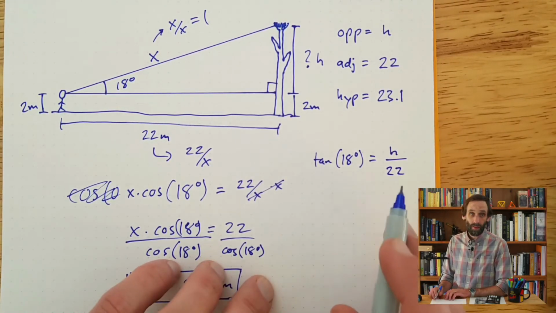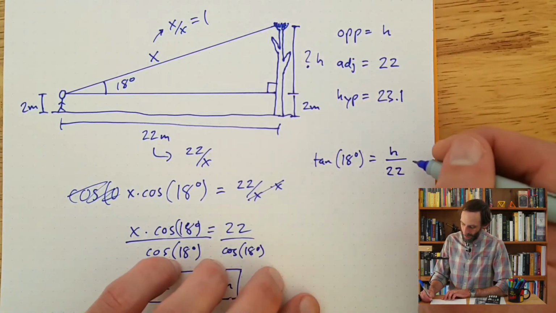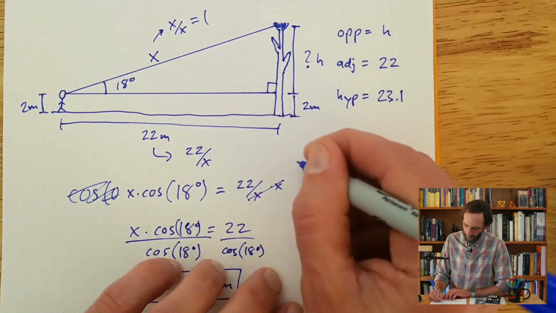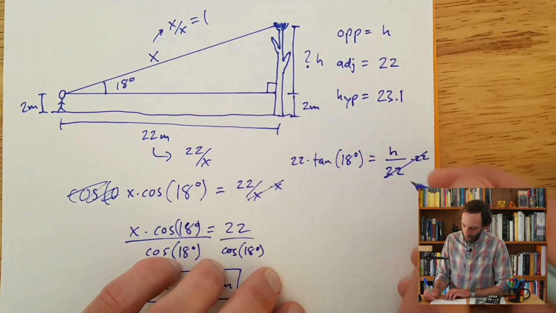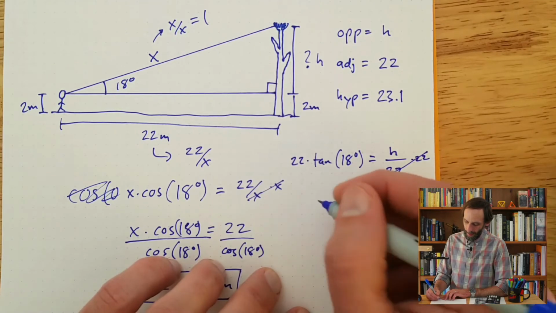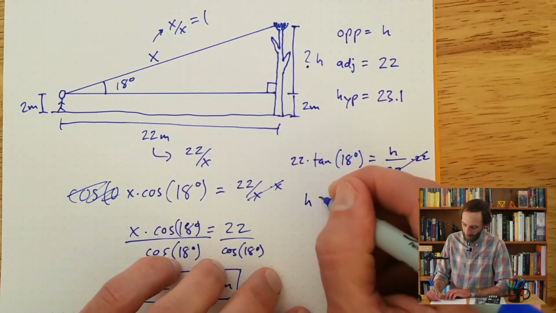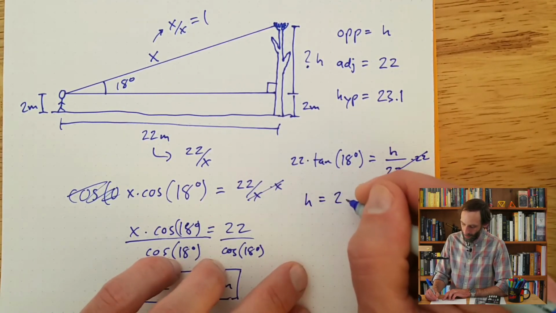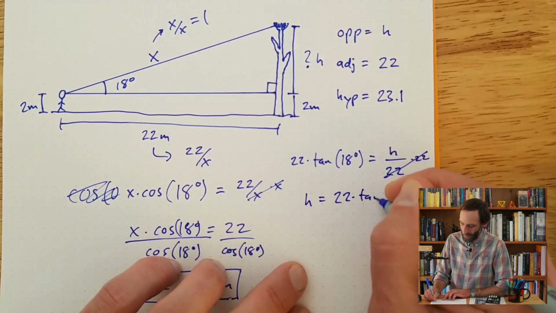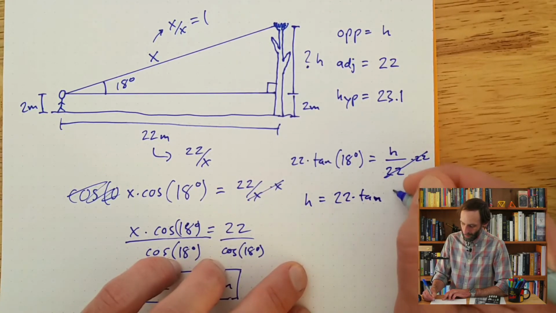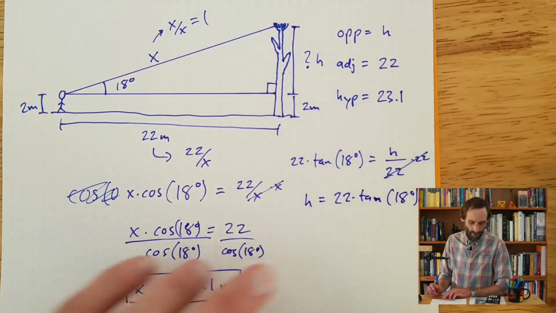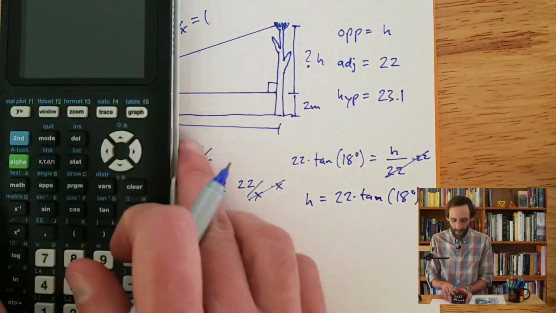Now, in order to solve for h, I multiply both sides by 22. Those cancel out, and I get that h is equal to 22 times the tangent of 18 degrees. Let's go ahead and plug that in the calculator.